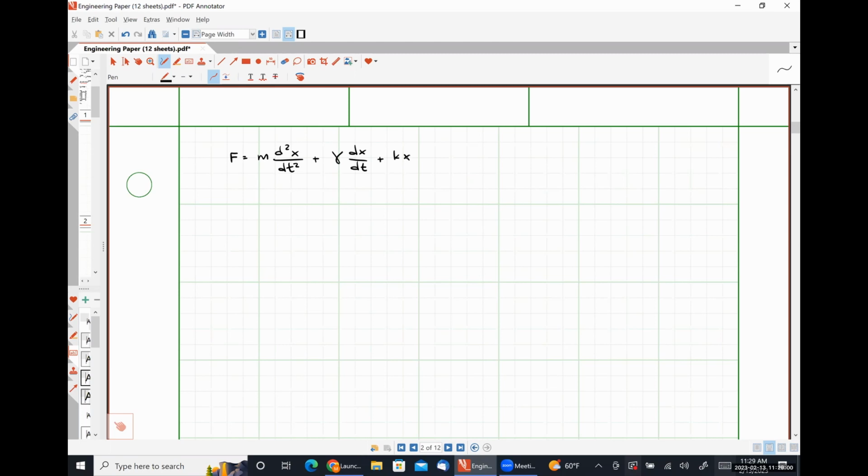So we are going to use the Laplace transform with specific initial conditions to make the math easier and figure out how this thing works in the frequency domain, okay?